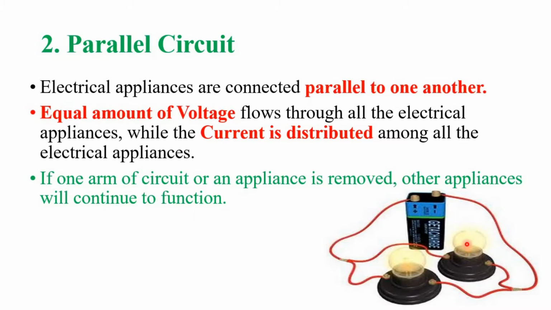So if you connect the appliances in a parallel circuit, all the appliances are going to receive the equal amount of force that produces the flow of charge in the circuit.